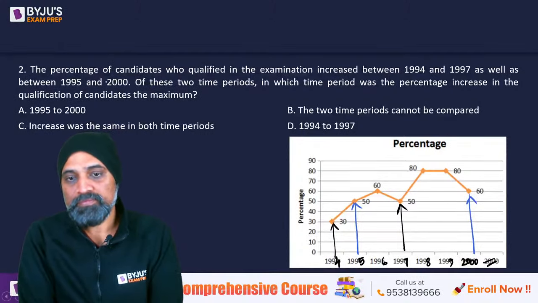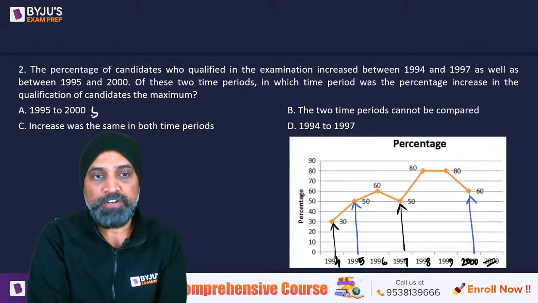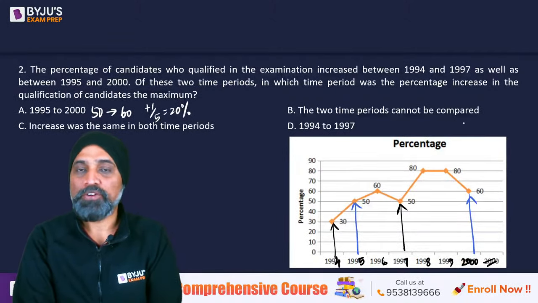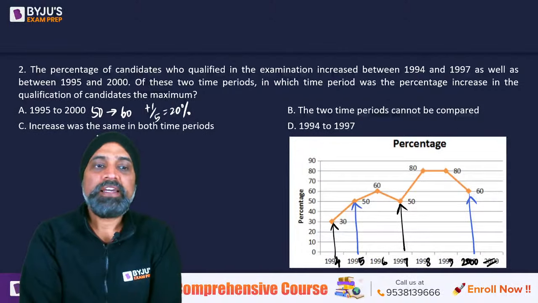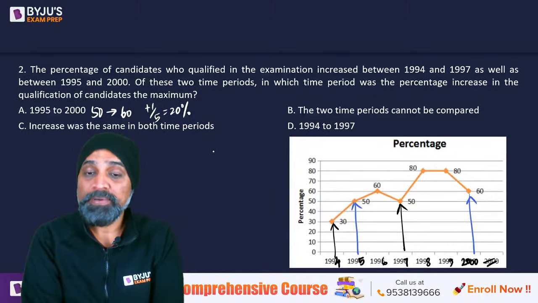It says 95 to 2000. So from 95 to 2000, if you will try to solve, we can say that 50 has become 60. So that's an increase of 1/5, which is 20%, right? The two time periods cannot be compared. Increase was the same in both the time periods.